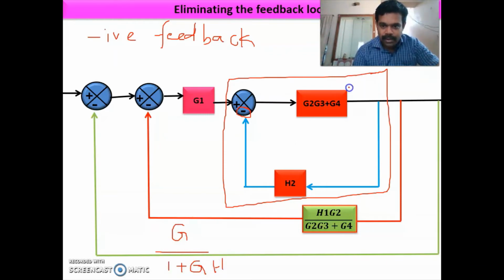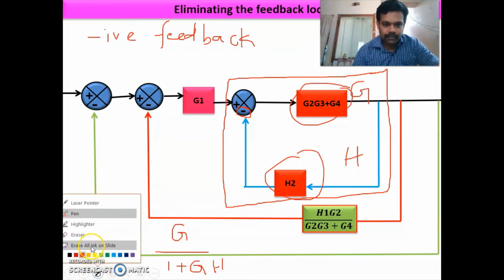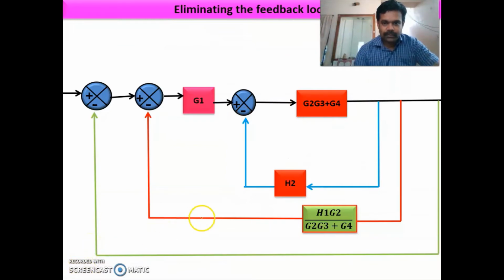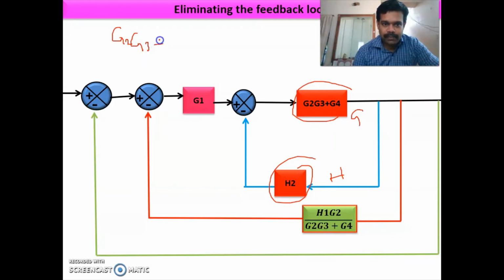So this is G and this is H. While substituting, what you will get is G2, G3 plus G4 divided by 1 plus GH.